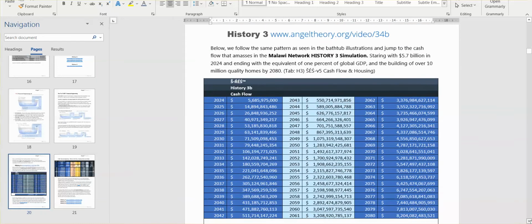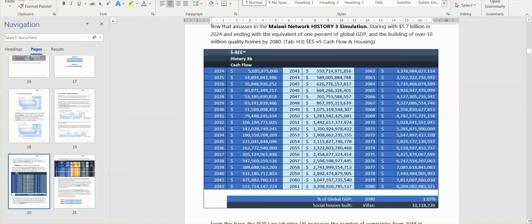And lastly, we come to this, and this is what we're going to come back to after we've looked at this spreadsheet. These are the figures that are made each year in cash flow and spent by the network. You can see, similar to the graphics we just saw, starting with 5.6, the second year more than doubles to 14.8, third year goes to 26.